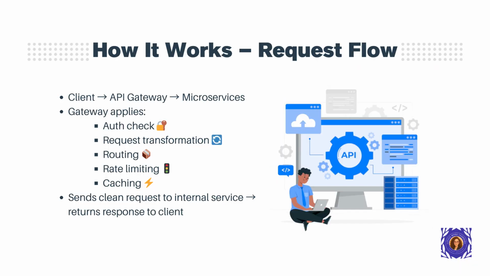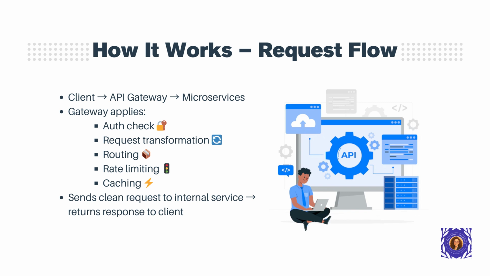Let's walk through how a request actually flows through an API gateway. When a client makes a request, it first hits the gateway, which then performs several important functions. First, it checks authentication, making sure the request is coming from an authorized source. Then, it might transform the request format to match what the internal service expects. Next, it routes the request to the appropriate microservice.